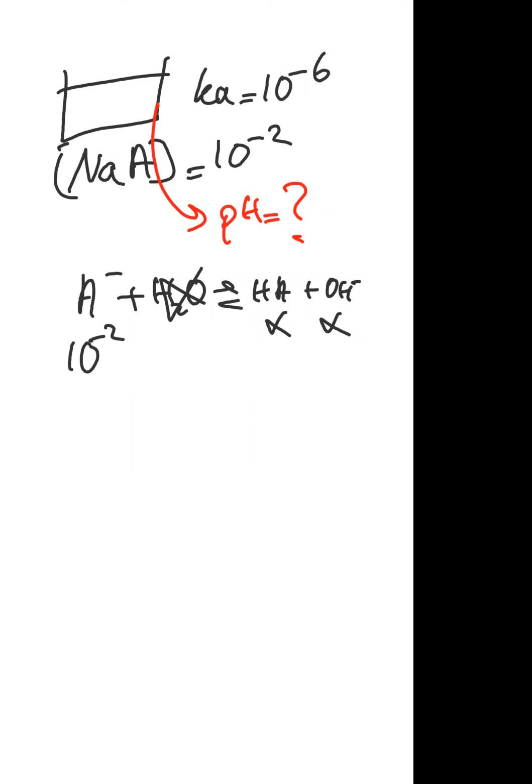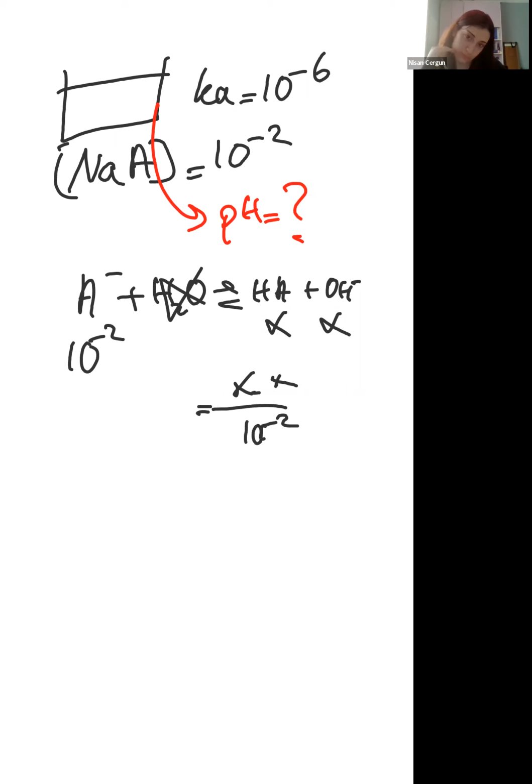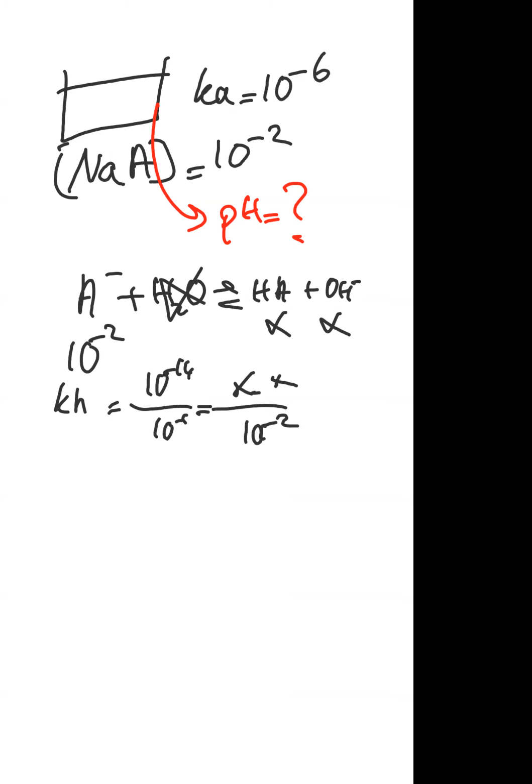Then we have X times X divided by 10 to minus 2. And then the other way, we have K hydrolysis, which is what, baby? 10 to minus 14 divided by 10 to minus 6, which yields 10 to minus 8. I believe 10 to minus 8 is the right answer, but after that, you will face 10 to minus 8 and 10 to minus 2.